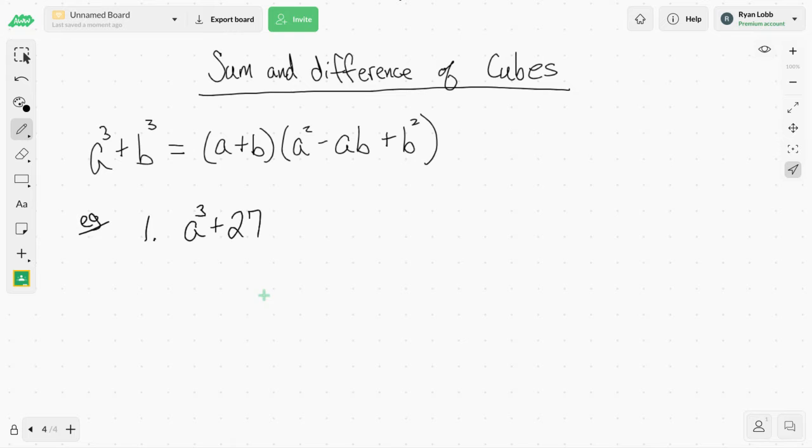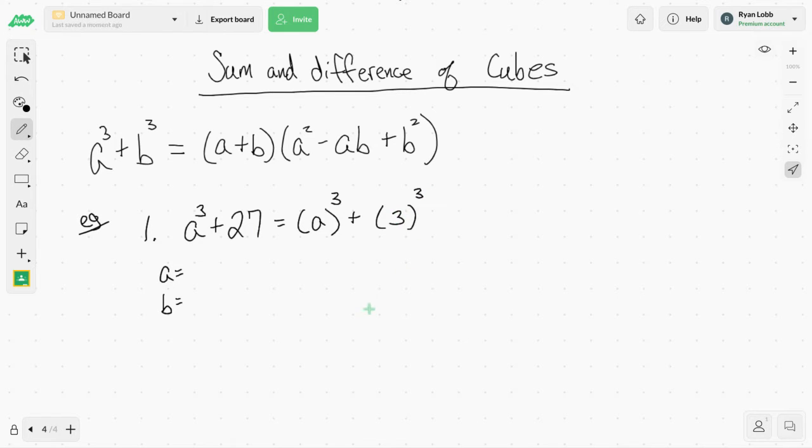Now, what you want to identify, and sometimes what you might want to do, is go, all right, what's the value of a? What's the value of b? So in other words, I'm trying to think, if I rewrote this like this first, right? What do I cube to get a cubed? Well, clearly that should be a. And then what do I cube to get 27?